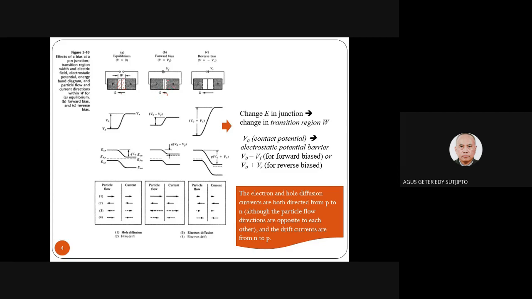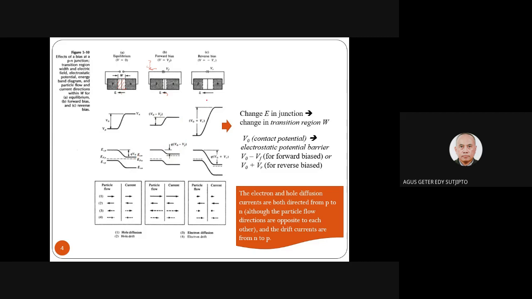Then the current will flow in the circuit. The voltage difference is V0 minus Vf, and the energy difference between P and N is q(V0 minus Vf), which is smaller than qV0.